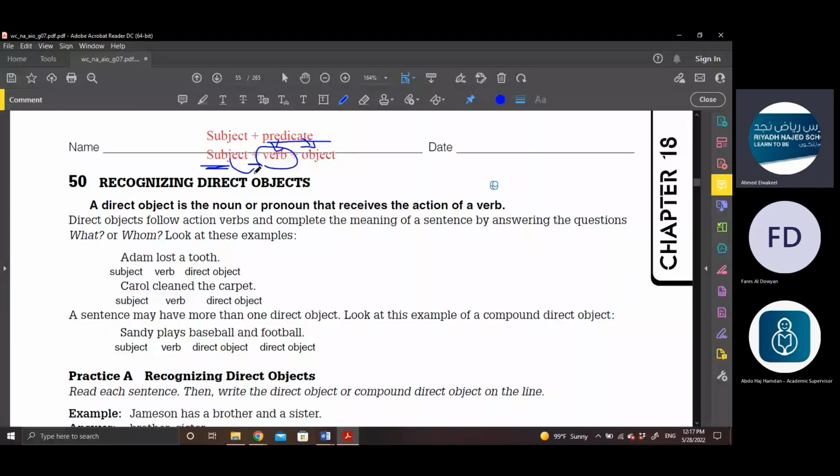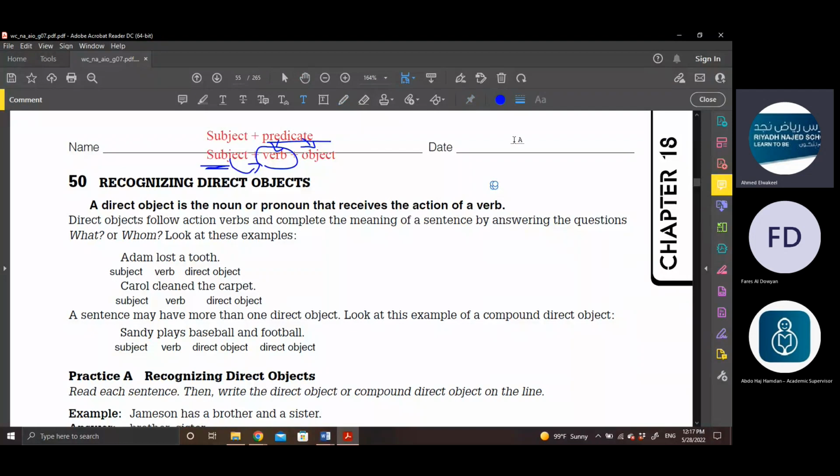So we have a subject, which is a noun or a pronoun. This noun could be a name for a person, a thing, an animated object, an idea, or even a place. And it's performing the action verb.